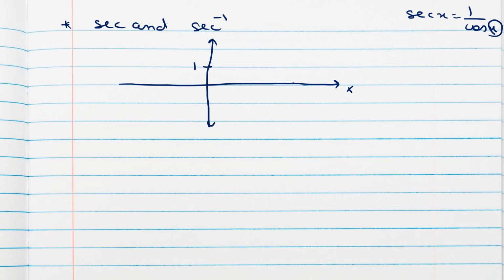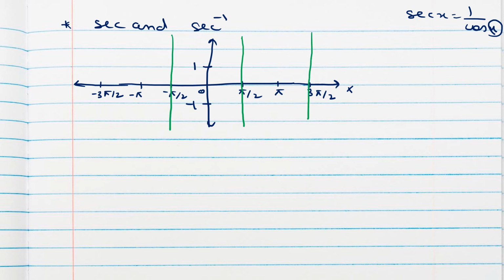So plus 1, 0, minus 1, pi by 2, pi, 3 pi by 2, minus pi by 2, minus pi, minus 3 pi by 2. At all these points, the odd multiples of pi by 2, it will become undefined.